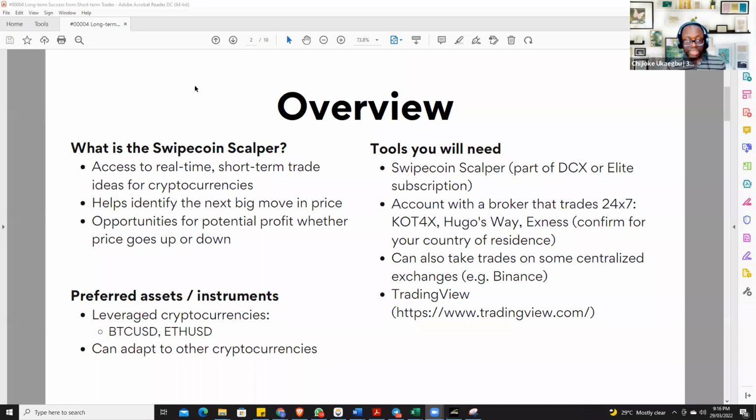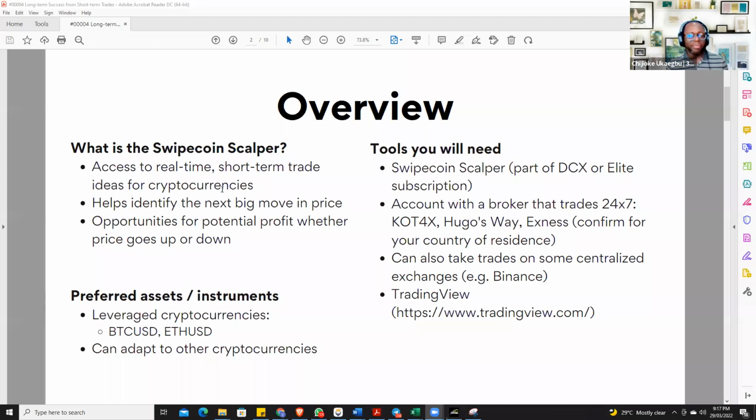Here, you don't need to own any cryptocurrencies. That's the amazing thing. And whether the price of cryptocurrencies is going up or coming down, you can also profit. So that's the Swipecoin Scalper, and I'm going to show you what the tool looks like in a minute. But first, let's talk about what we are trading.